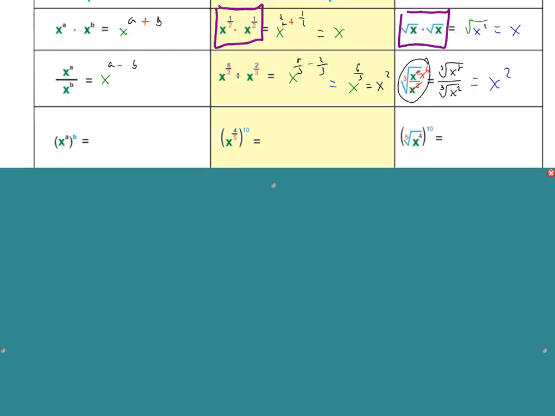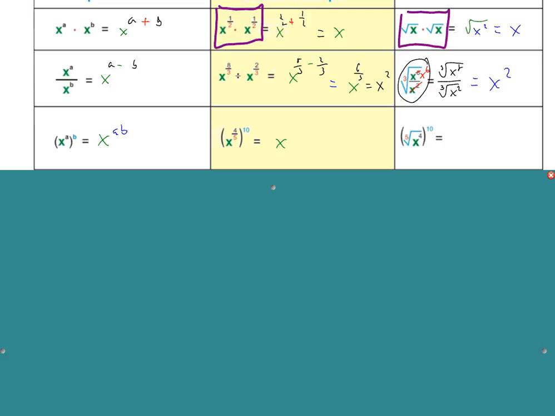All right, the next scenario is multiplying, right? X to the a, to the b, we know is x to the a times b, right? So in the second example, we got to multiply a 4/5 times a 10.